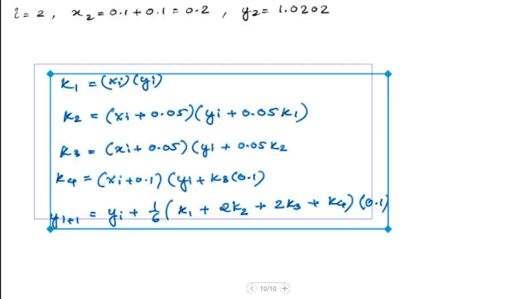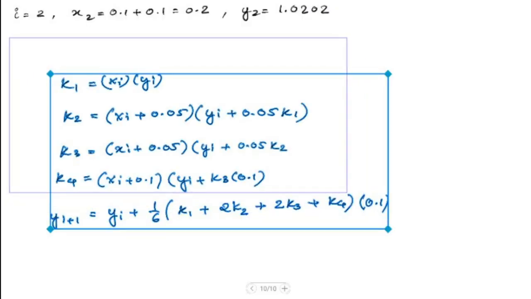So you have 0.2 x2 now. y2, we just calculated it. It was 1.0202, and that's it. So let's go ahead and again bring the formula back here and start our calculations.